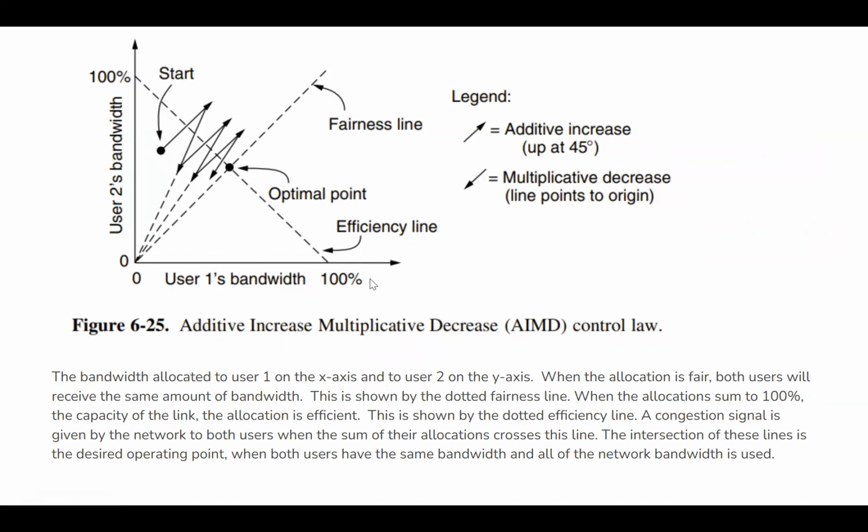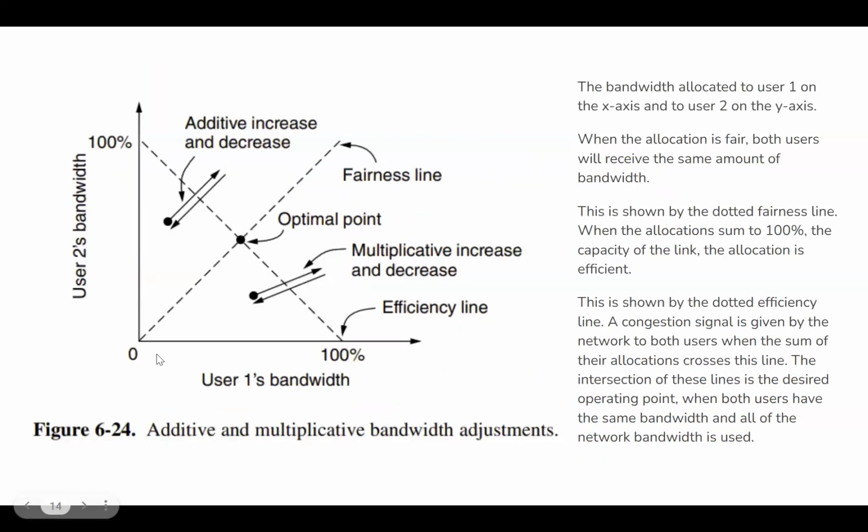This is shown by the dotted efficiency line. A congestion signal is given by the network to both users when the sum of their allocations crosses the line. The intersection of these lines is the desired operating point, when both users have the same bandwidth and all the network bandwidth is used. As we can see, the difference between this one and the previous example would be the additive increase and decrease.